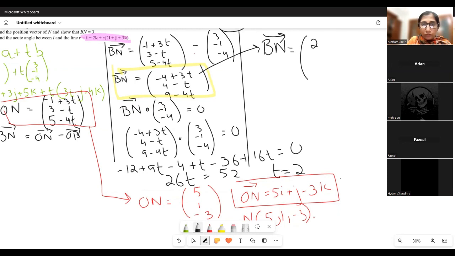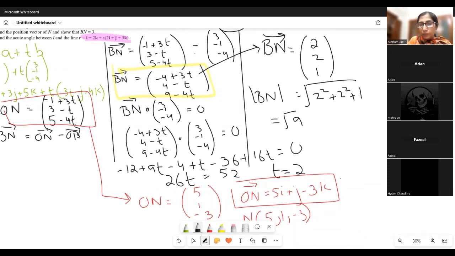Again, 4 minus 2, which is 2, and then 9 minus 8, which is 1. So the magnitude of BN will come out to be the square root of 2 squared plus 2 squared plus 1, which is the square root of 9, which is in fact 3.